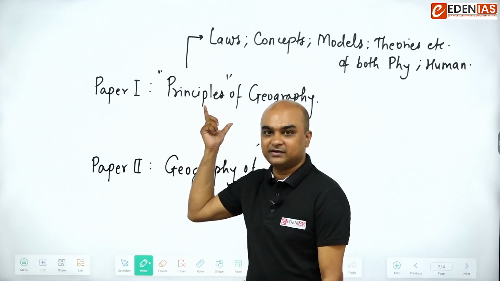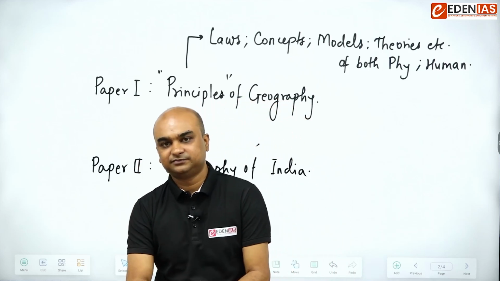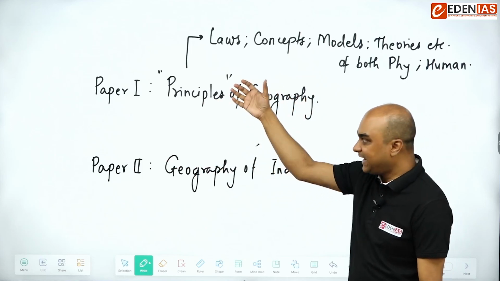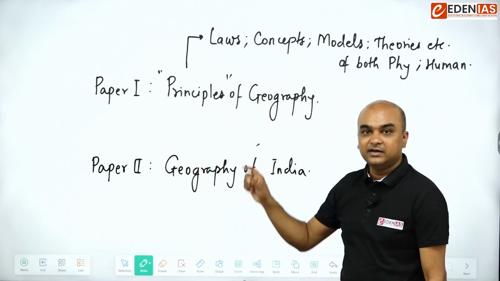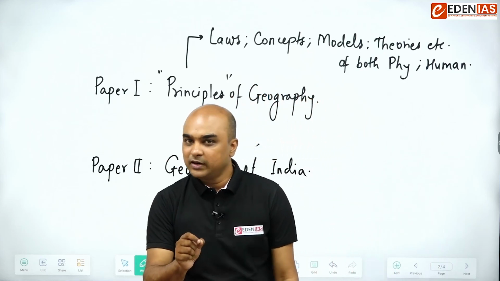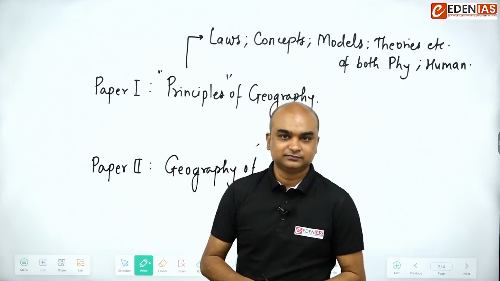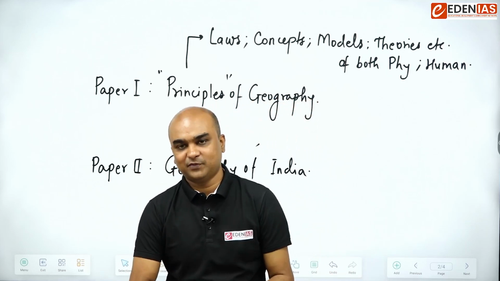This paper is the core of geography preparation because the things that you learn in paper 1 are actually applied in paper 2. Paper 1 is the conceptual part, and those who will be weak in paper 1 cannot do well in paper 2 because paper 2 is just an extension of paper 1.